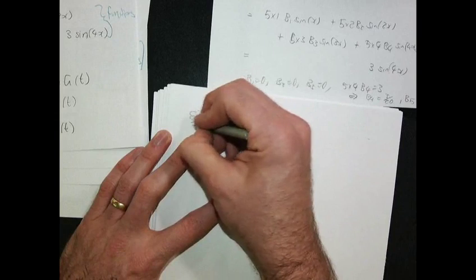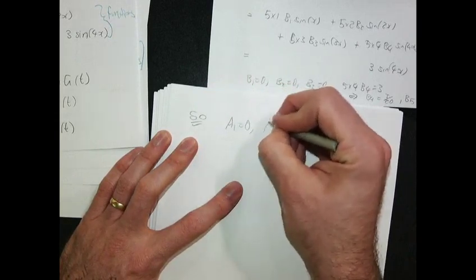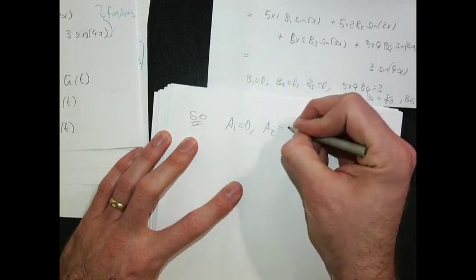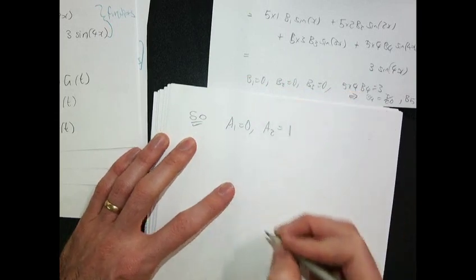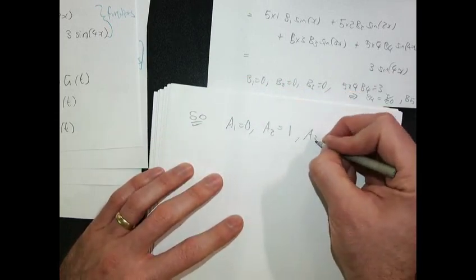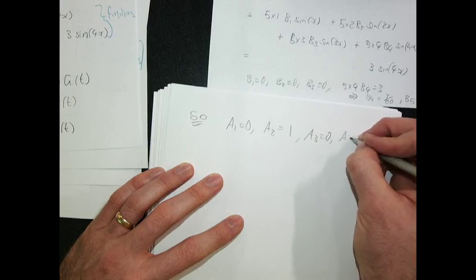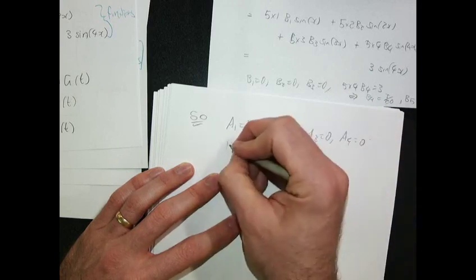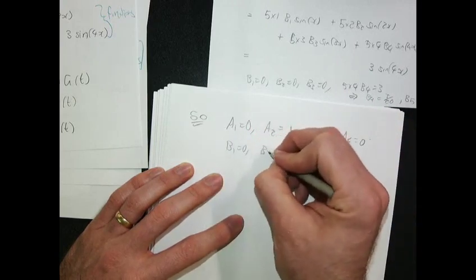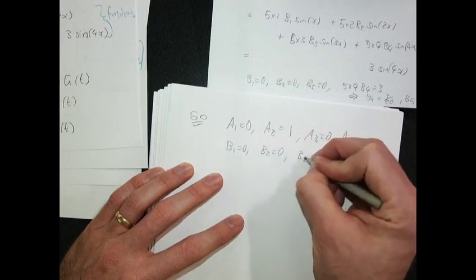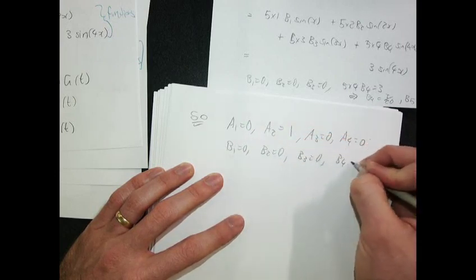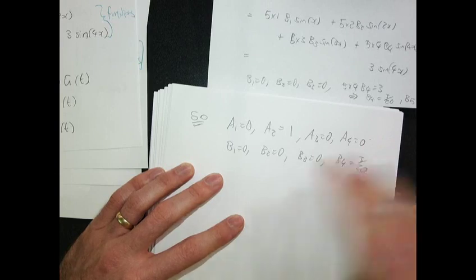So, A1 was 0, A2 was, what was A2? 1? A3 was 0, and B1 was 0, and B2 was 0, and B3 was 0, and B4 was 3 on 20, and all the rest of them are 0.